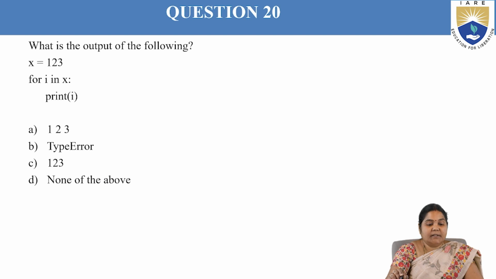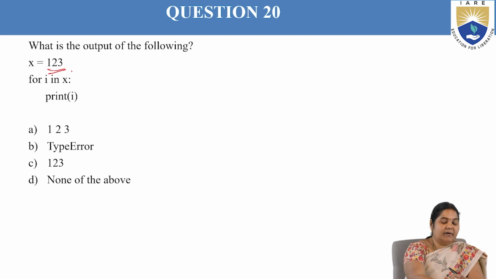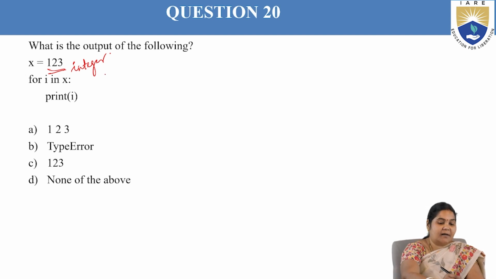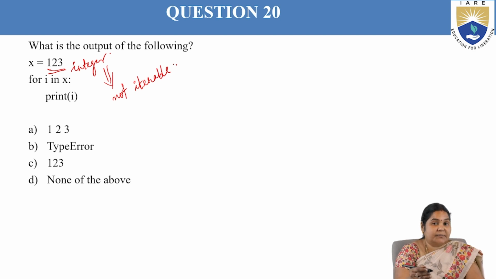Now, what is the output of this? X is an integer. What is the value of the integer? 123. It is an integer. For I in X, print I. So, what is the output? Output you will get: integers are not iterable. An integer cannot be split into parts.